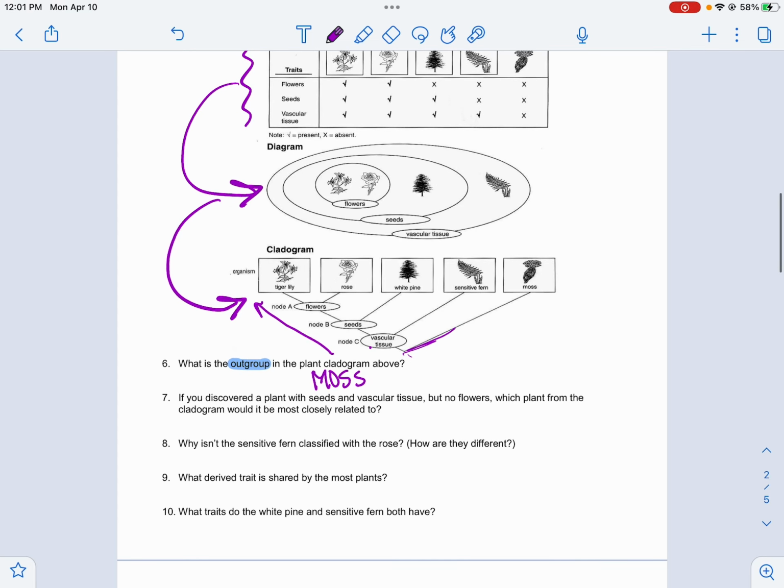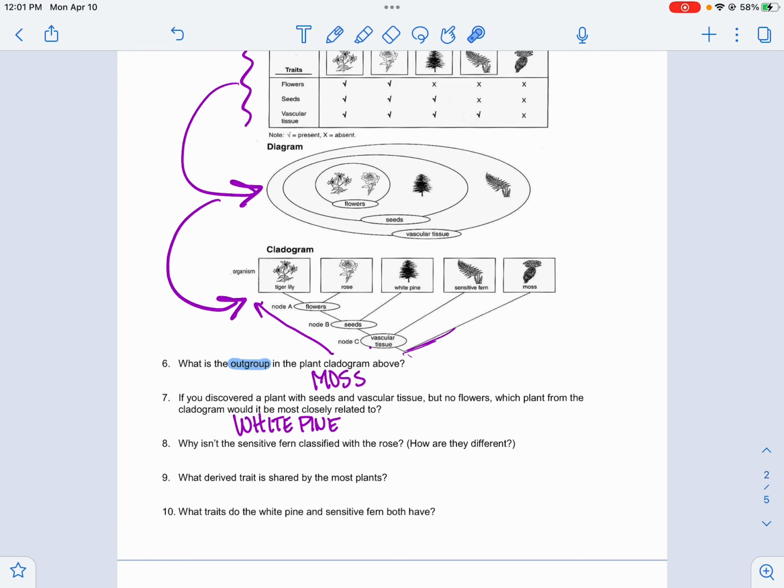It has seeds and vascular tissue, but no flowers. Okay, same thing down here. If we go this way, what has seeds and vascular tissue, but no flowers? Okay, the white pine.